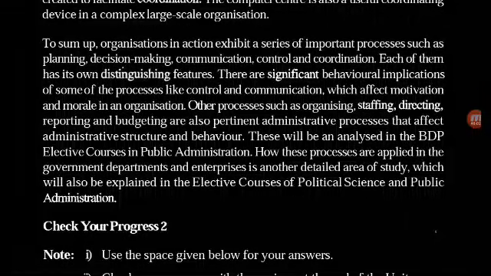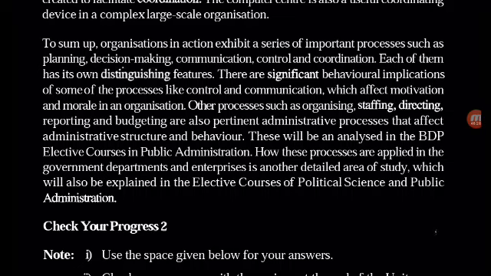To sum up, organizations in action exhibit a series of important processes such as planning, decision making, communication, control, and coordination. Each of them has its own distinguishing features. There are significant behavioral implications of some of the processes like control and communication, which affect motivation and morale in an organization.